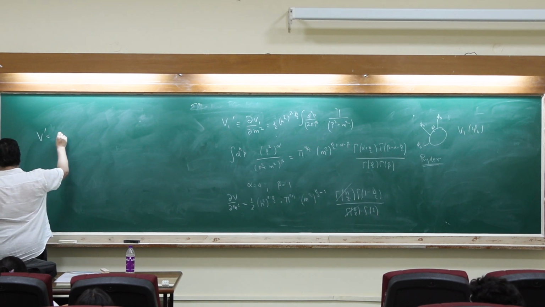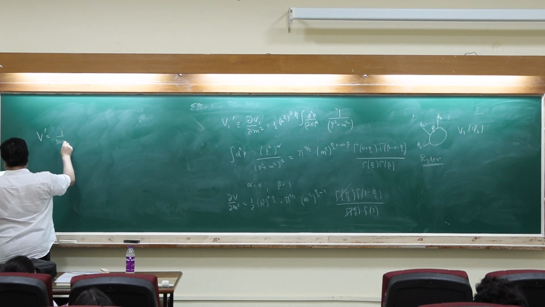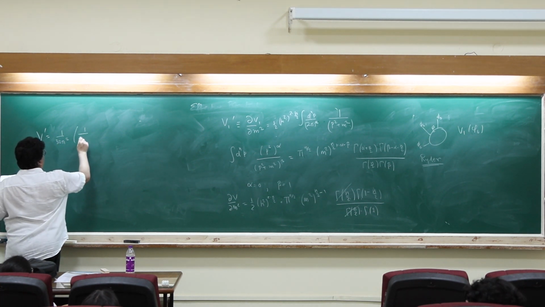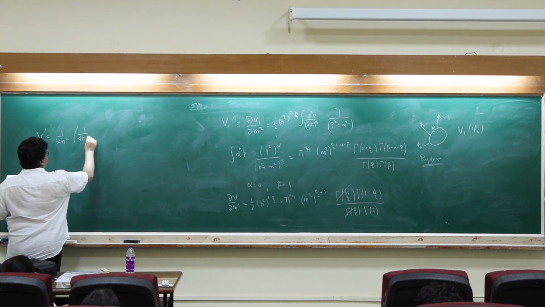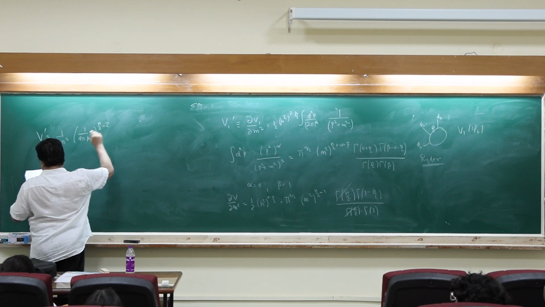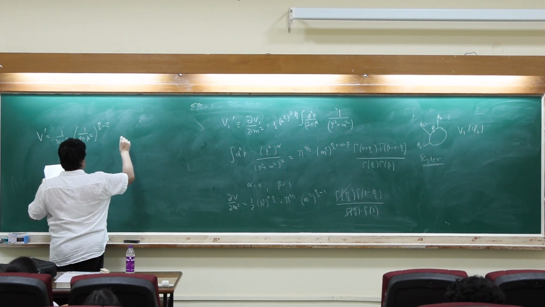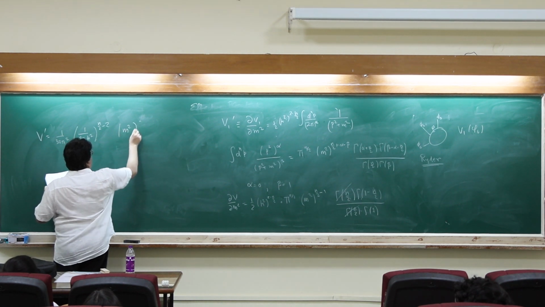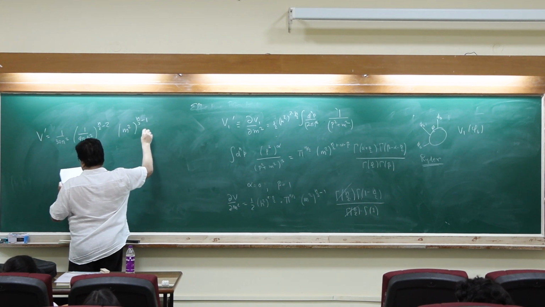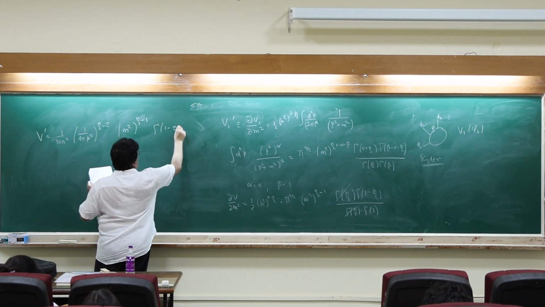With some simplification, it becomes 1 by 32 pi square. After a few simplification steps, I'm telling you, you can massage this to gamma 1 minus n by 2.